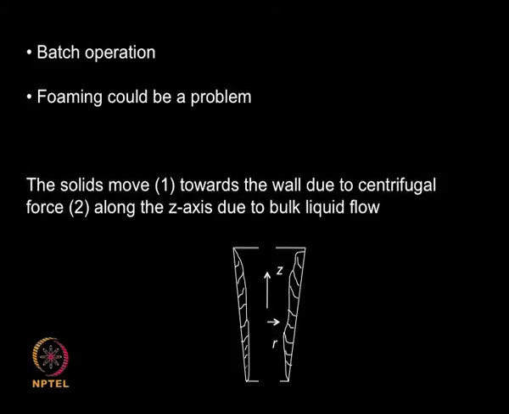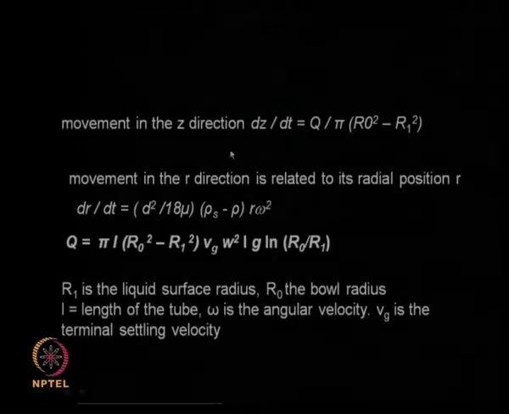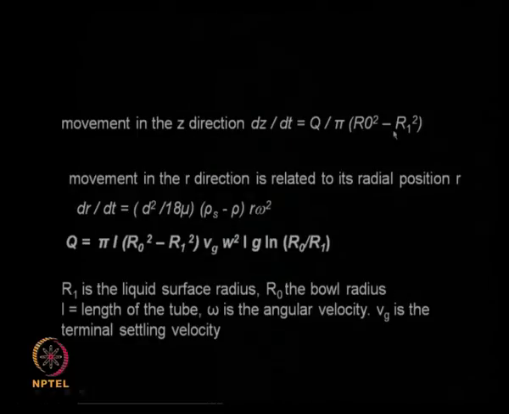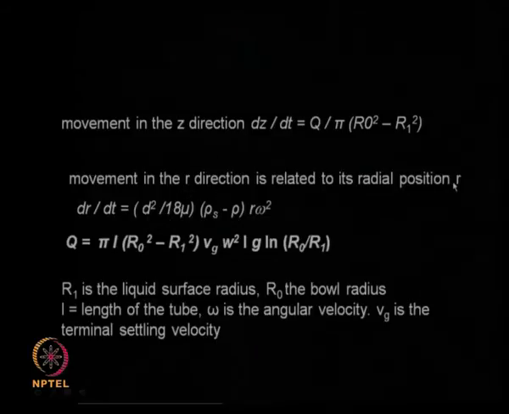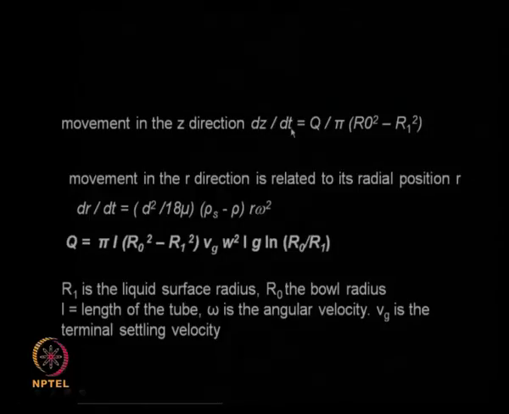So if you consider the movement in the z direction, that is along the axis, and the movement in the r direction, that is a function of the radial position, we have two equations: dz by dt and another relationship dr by dt.